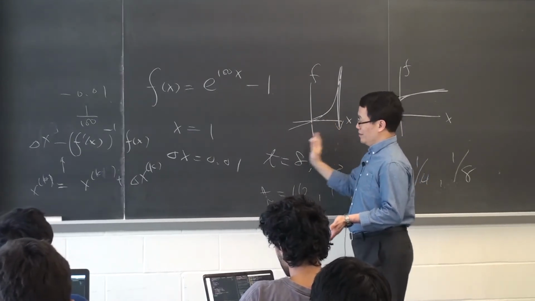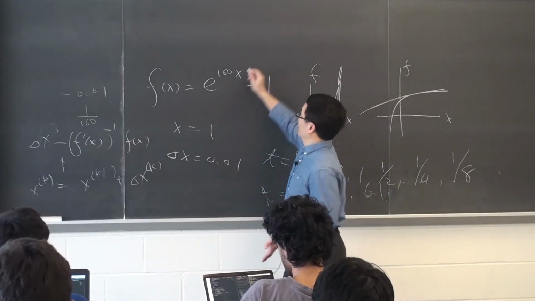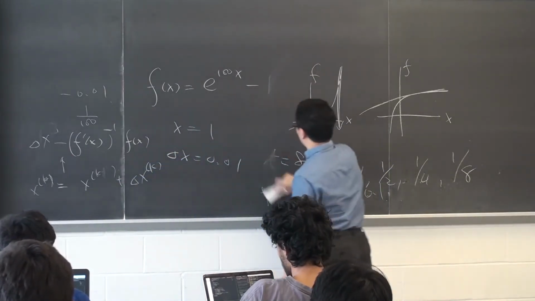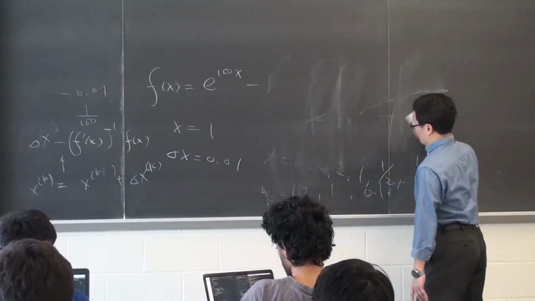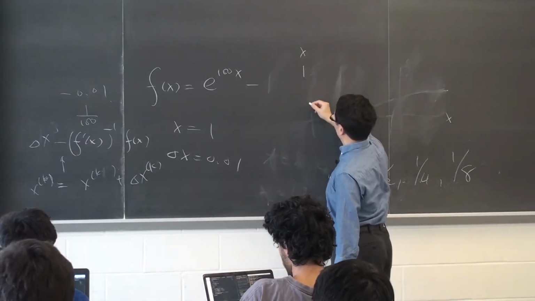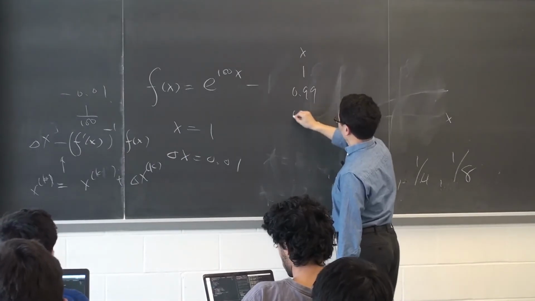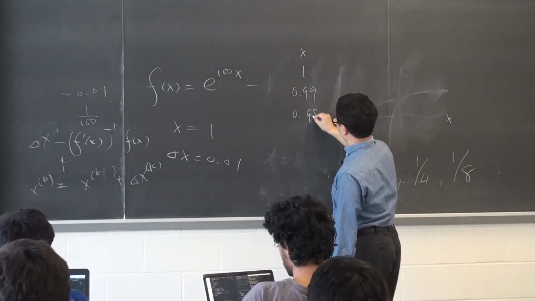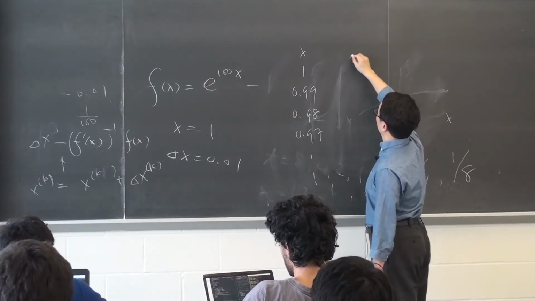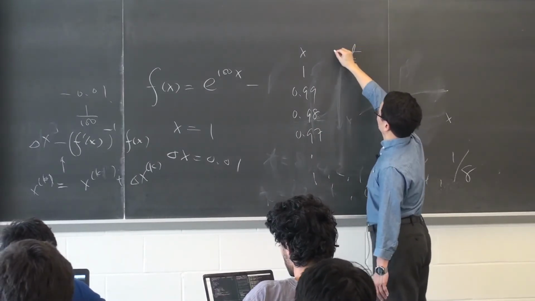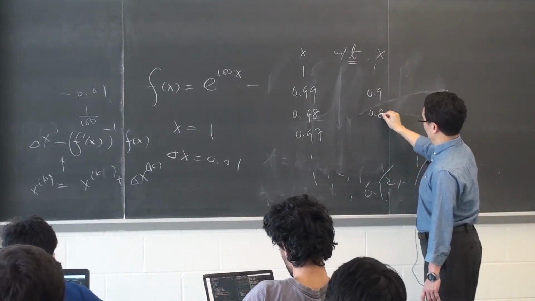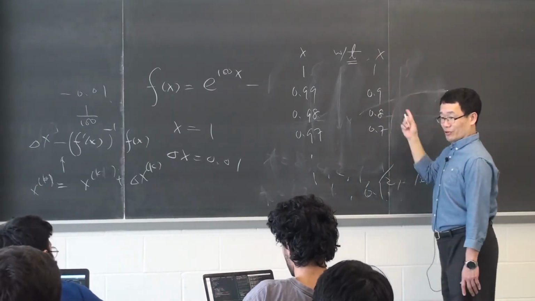But if you make the search, then, compared to the original without line search, where the initial guess is x, then 0.99, 0.98, 0.97, with t your x should go 1, 0.9, 0.8, 0.7, and then you go down much faster.